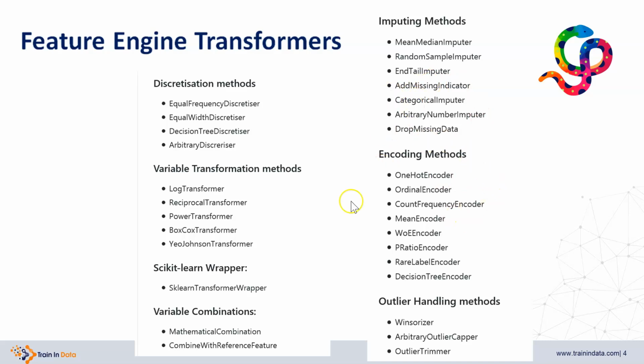It has more variety of options to encode categorical variables. It can also remove outliers from the dataset. It can, of course, perform discretization, and transform the variables with several mathematical functions. It has a Scikit-Learn wrapper so that it can wrap a Scikit-Learn class so that we apply that only to a subset of features. And then it can also combine features with mathematical functions.